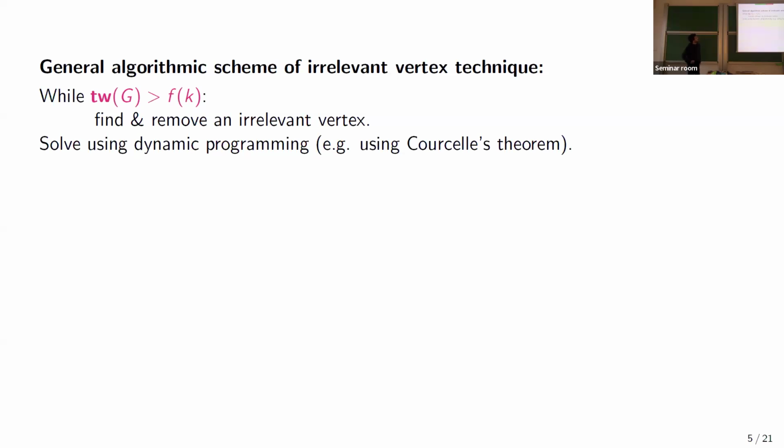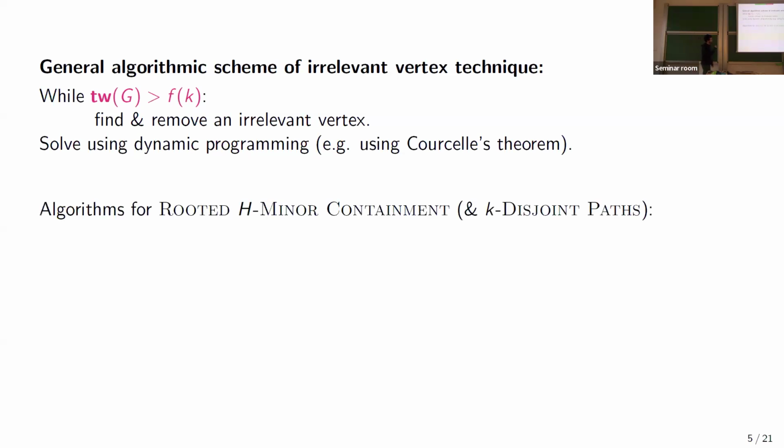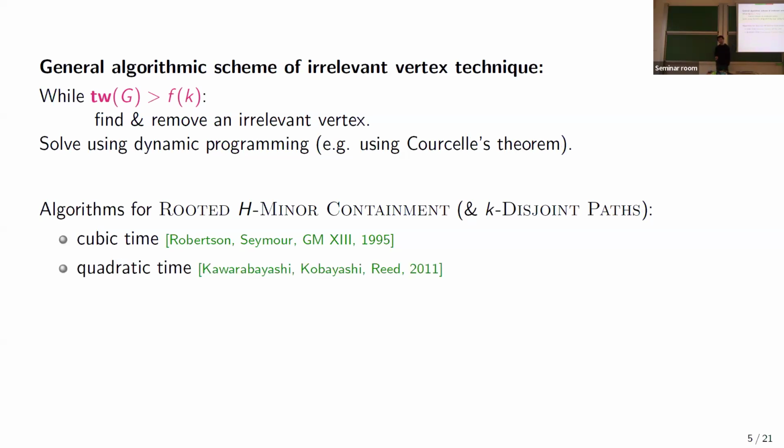So what's the running time of an algorithm that works like this? Well, for rooted minors, and of course disjoint paths that are a special case of rooted minors, we have a cubic time algorithm. The original algorithm was cubic time because to find an irrelevant vertex, you need to spend quadratic time. So quadratic time to find an irrelevant vertex, you repeat this loop a linear number of times, so you get cubic time.